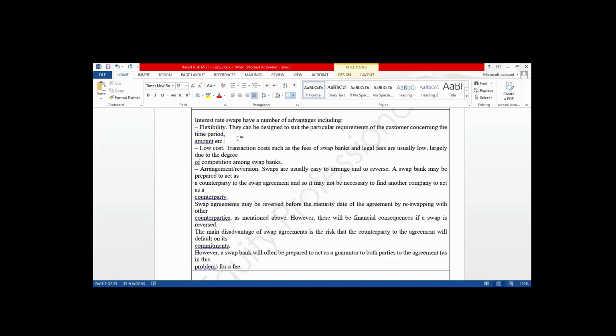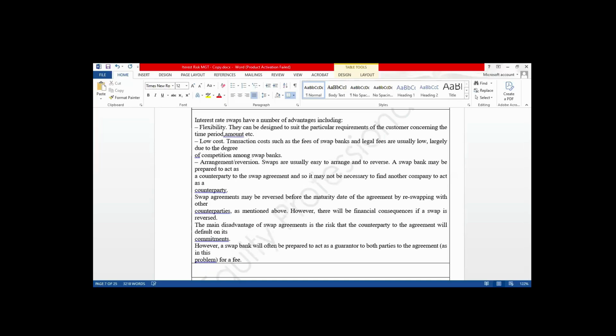Number 1, flexibility. An interest rate swap can be designed to suit the particular requirements of the company or the customer concerning the time period, the amounts, etc. It can be designed to suit the precise requirements of a customer.